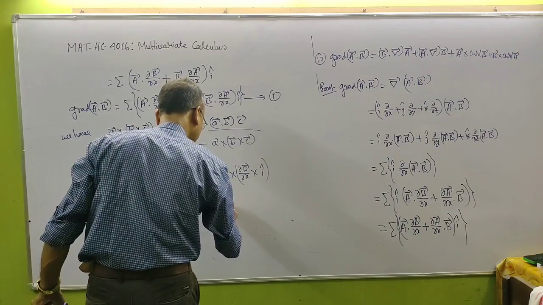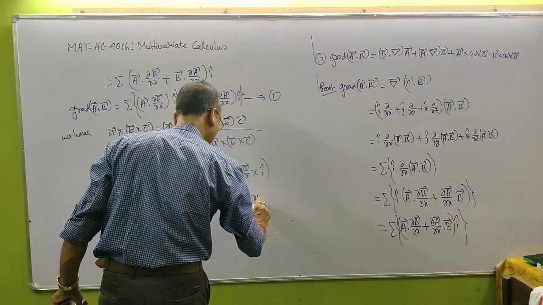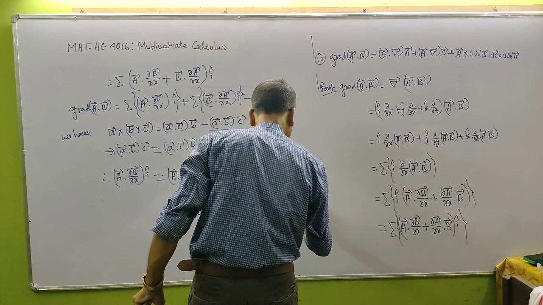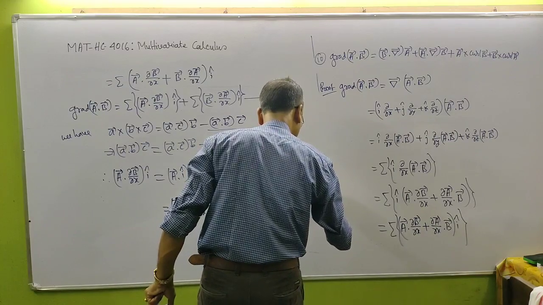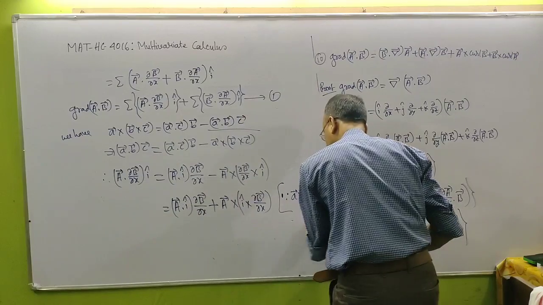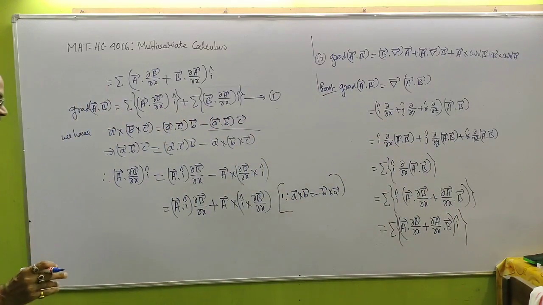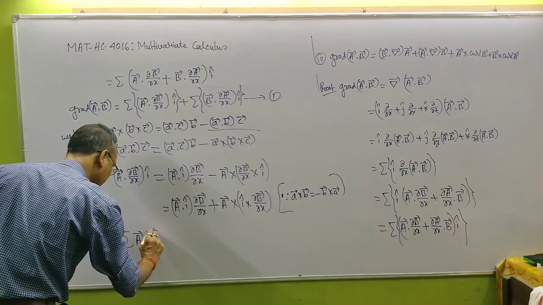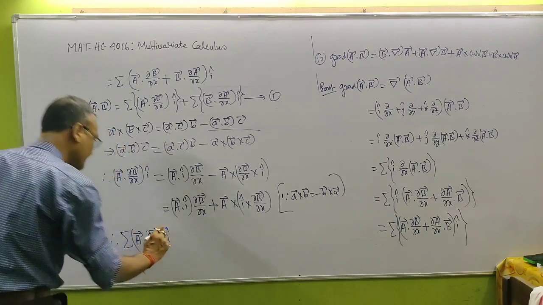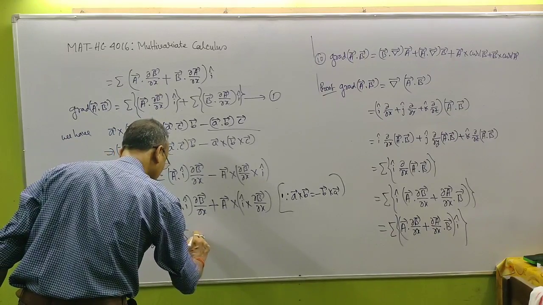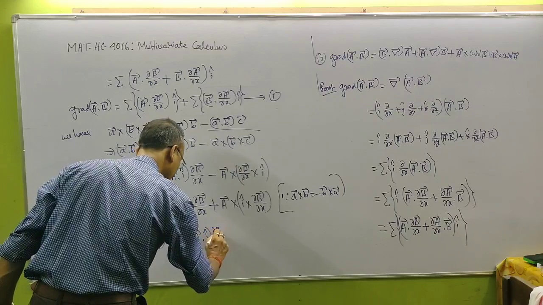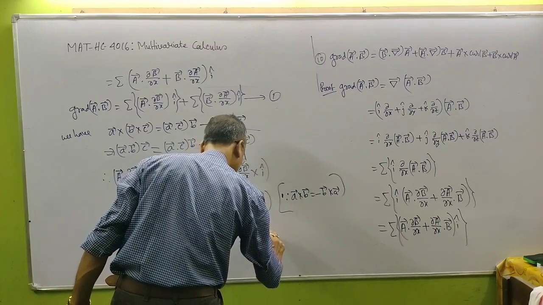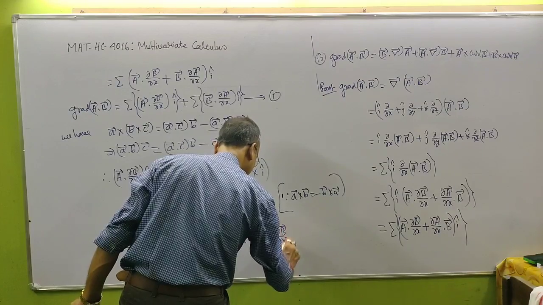This will be plus, if you write the plus sign, then i cap cross, since A cross B equal to minus B cross A. Therefore, summation A dot del B by del x i cap should be equal to summation A dot i del B by del x plus summation A cross i cross del B by del x.